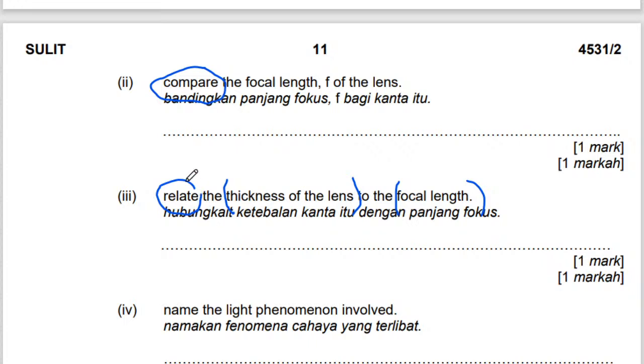Ingat, your answer will be just like when you write your hypothesis. It means that you need to use the words the greater this, the greater that, ataupun the greater this, the smaller that one.